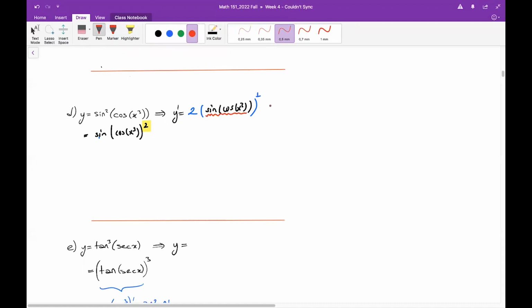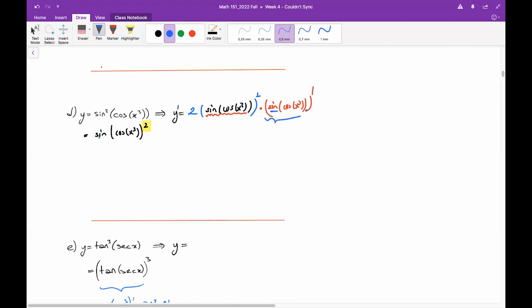Okay, so let's write that down. Sine of cosine of x cubed. So if I find the derivative of this thing and multiply it with this part, I am done. Okay, so let's handle that part. You apply one more chain rule here. The most outer function now is sine.